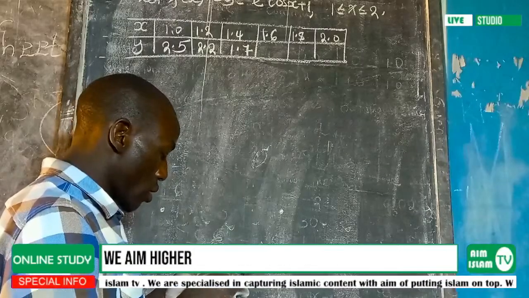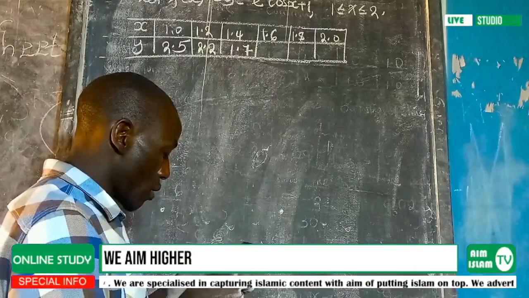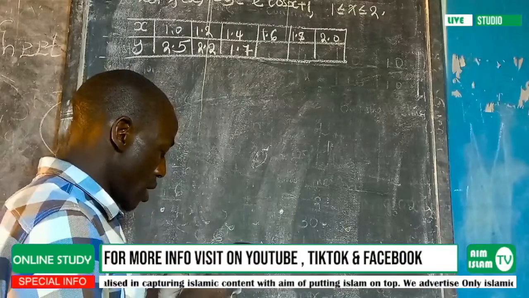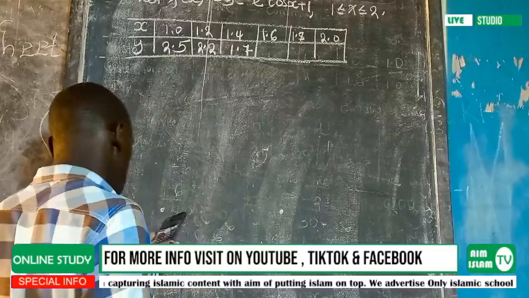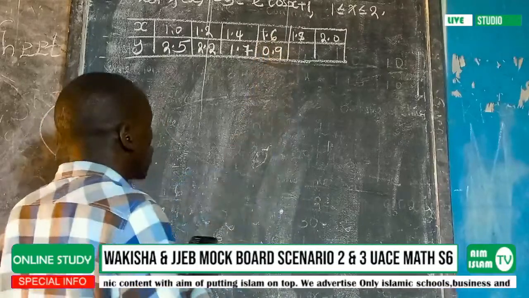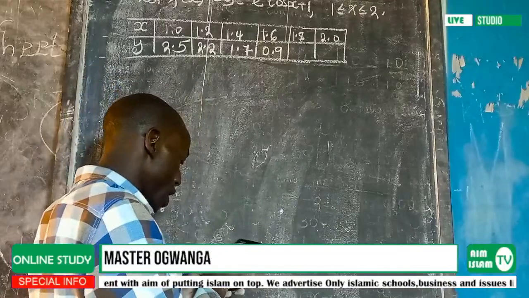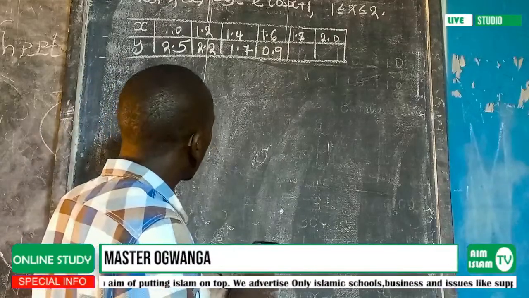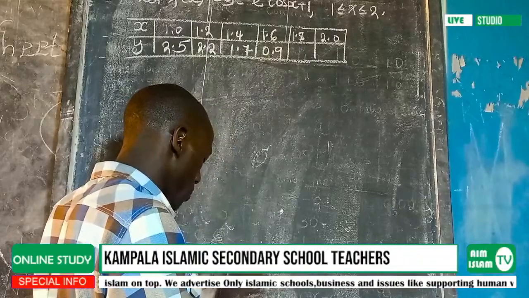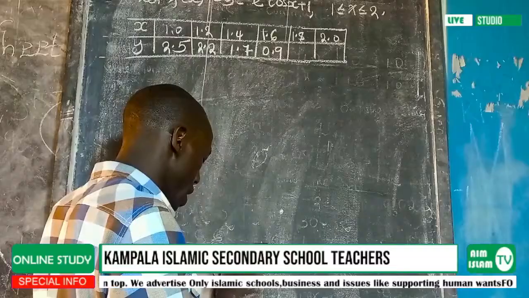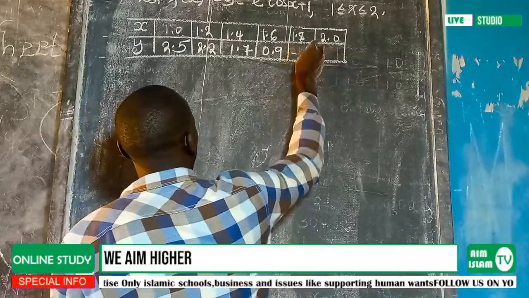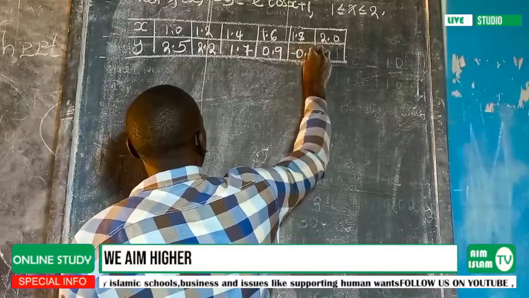To have exponential 1.6 cos 1.6 plus 1, this is 0.9. Go to another one, exponential 1.8 cos of 1.8 plus 1. So this is negative 0.4.